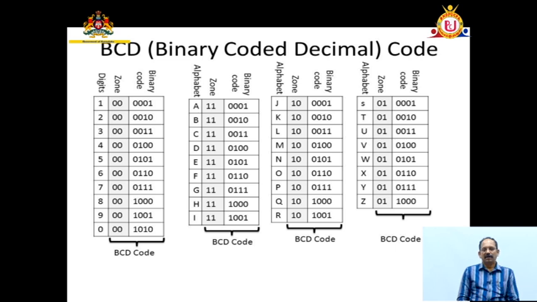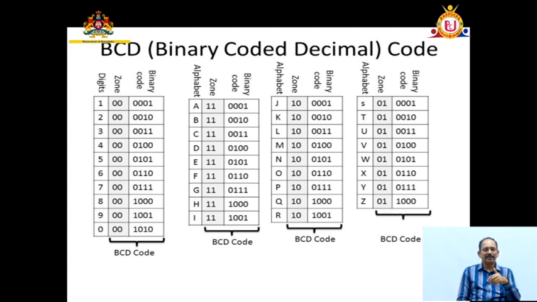There is some difficulty or disadvantage in adding two binary codes. For example, if I add the decimal numbers 6 and 7, that will produce the result 13. This is not possible in BCD code, so addition creates some problem with the additional bit.